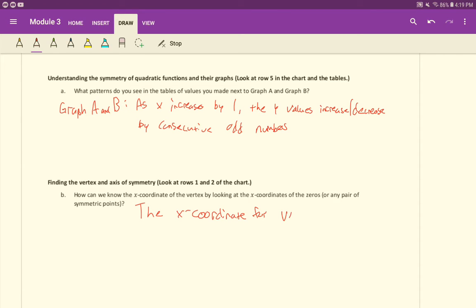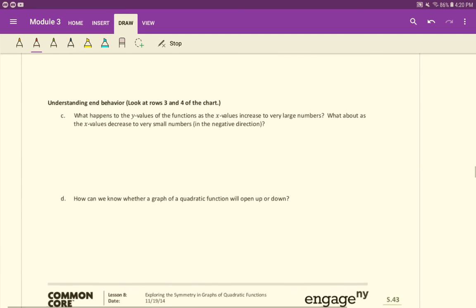The x-coordinate for the vertex is the midpoint for the x-coordinates of the zeros. Or the x-intercepts, I should say. Or actually, they call them the zeros. Never mind, we'll say zeros. Okay? Or any pair of symmetric points. So you find any 2 symmetric points, find the midpoint, that'll be the x-coordinate for your vertex.